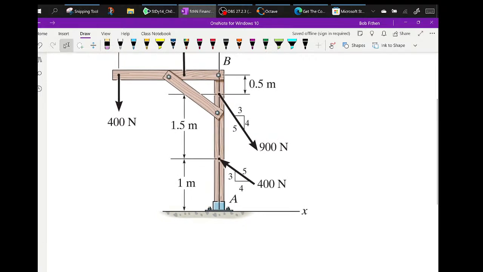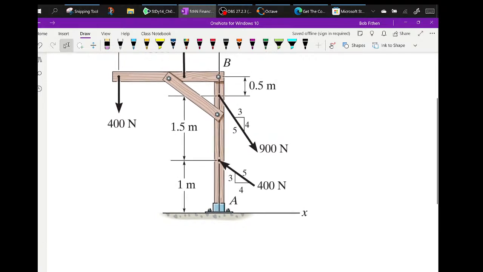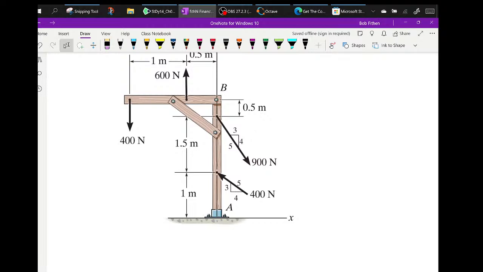So what we're going to do is find out the actual load felt at A by all these loads. I'm going to put in the assumption that FAX exists.